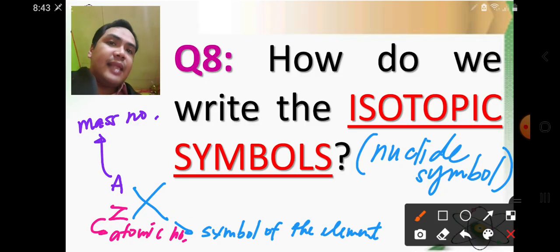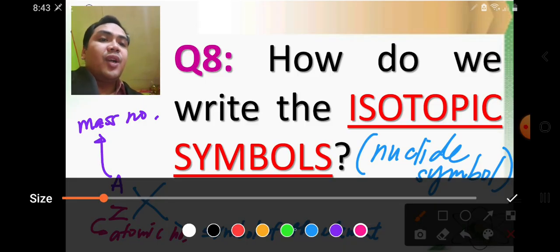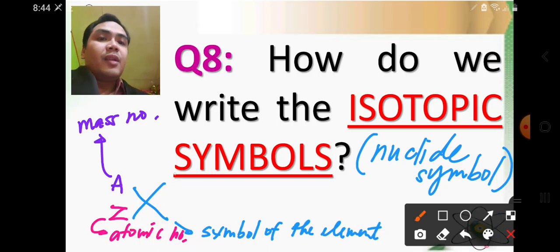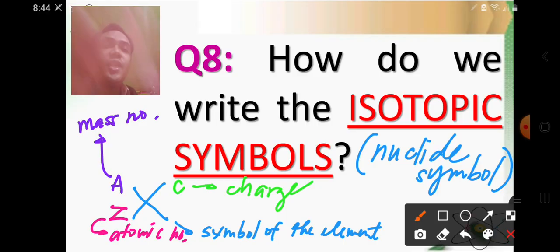So in case that an element consists of charges, meaning to say they are considered as ions, the charge of that ion will be written on the upper right corner, denoted by small letter C on the upper right corner. So this will be the charge. And this is the procedure on how to write the isotopic or the nuclide symbol.